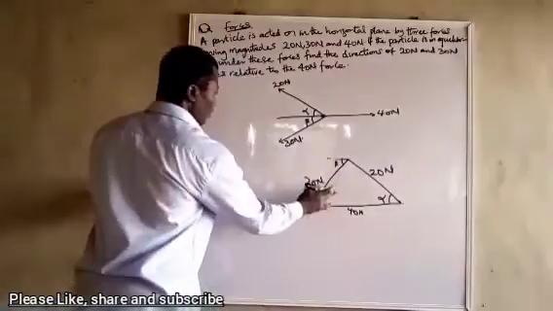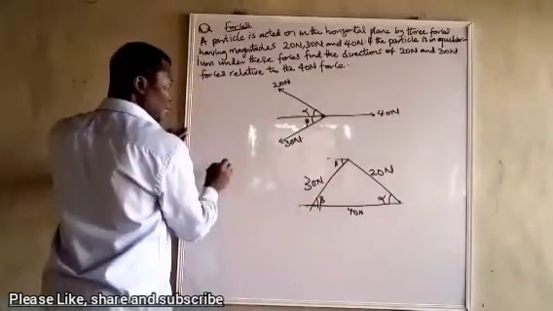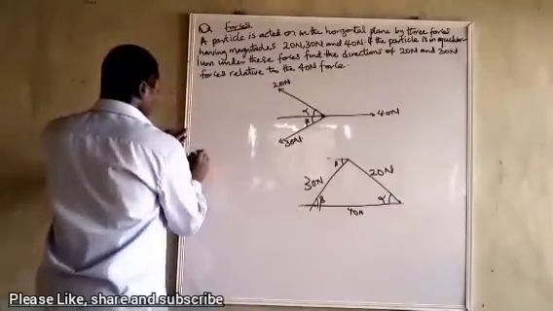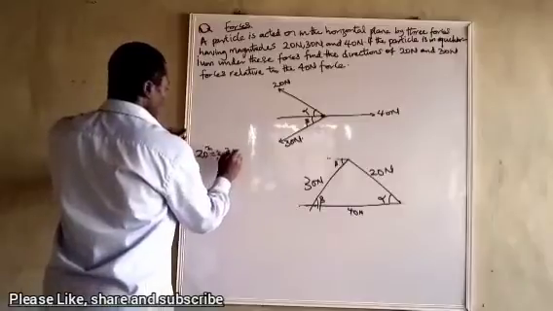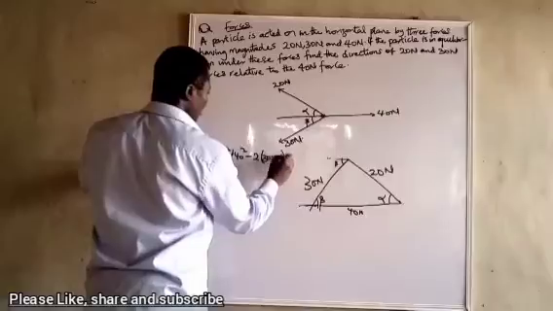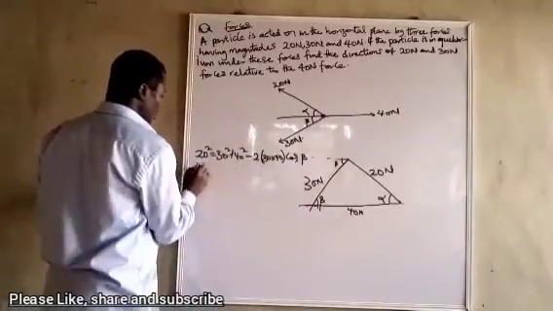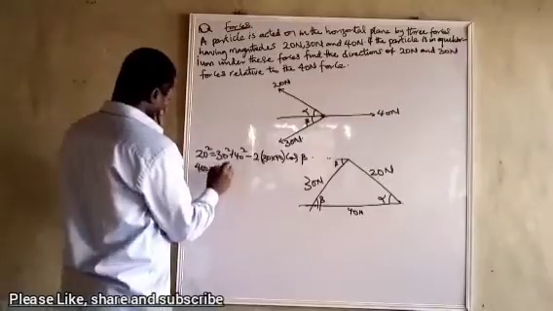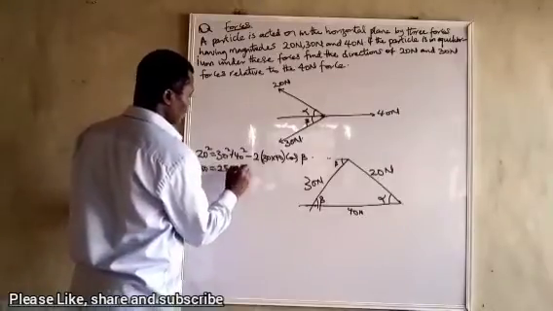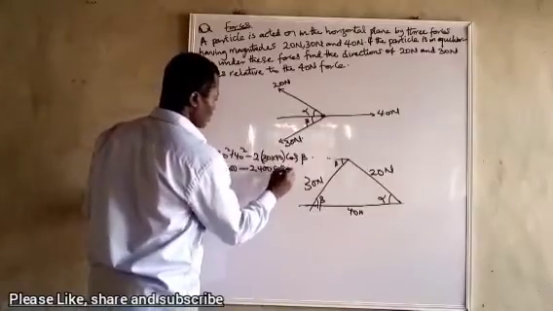Now, let me find this beta first, the direction of the 30 Newton force relative to 40. So, to find this beta, I have to say 20 squared is equal to 30 squared plus 40 squared minus 2 into 30 times 40 cos beta. The sum of this one is 400. The sum of this is 2,500. This one is 1,200. So 2,400 cos beta.